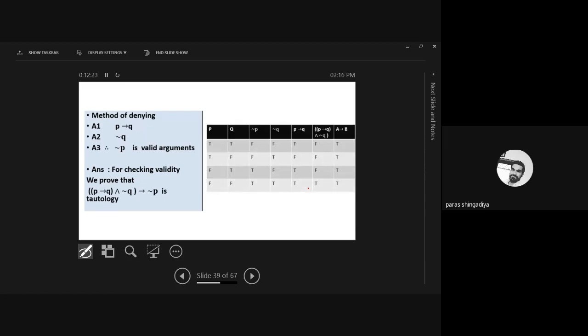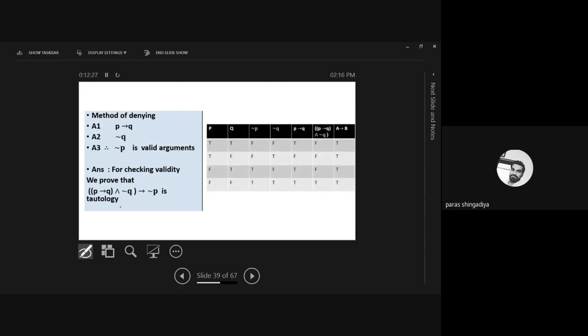Now the second well-known argument is called modus tollens. Clear? In this we have p conditionally q as the first statement, negation q as the second statement, and the conclusion is negation p. This is called modus tollens. It has a Latin name. To check the validity, first we define the formula.